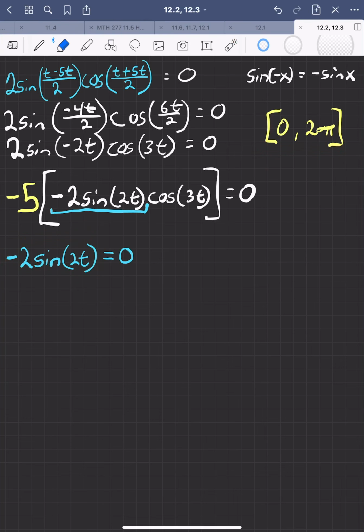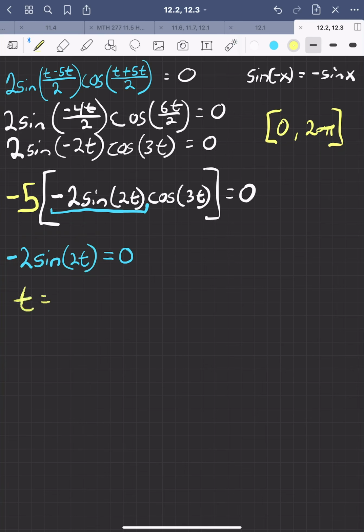And we end up with the following. Let me figure out where I'm at here. So t should equal, all right, my apologies.